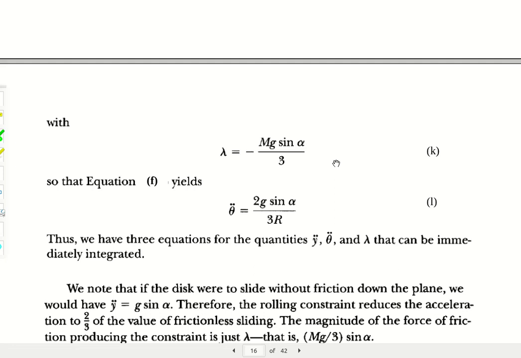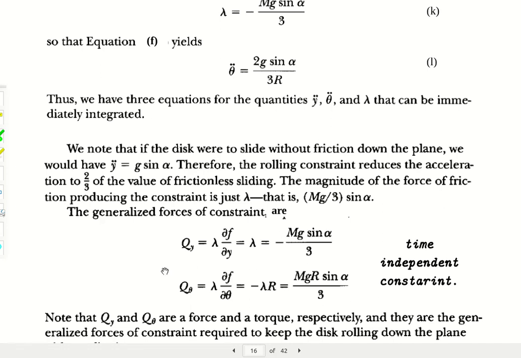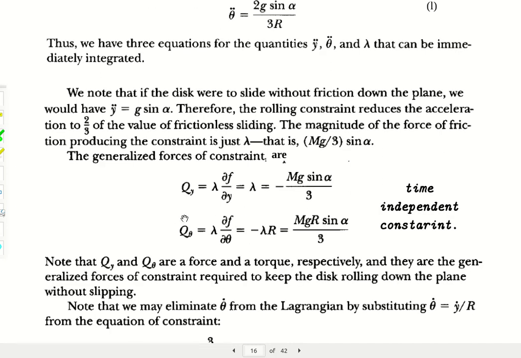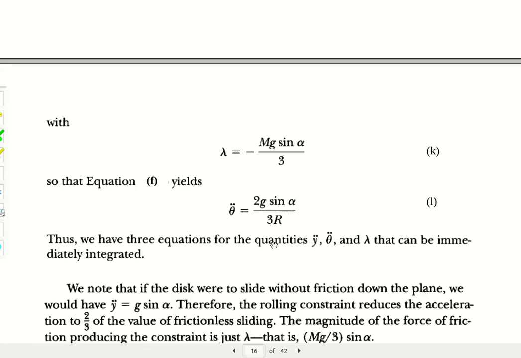So this is the reactionary force. See, Q_y is equal to lambda into this, and this term is 1, so minus mg sin alpha by 3, but Q_theta is equal to lambda del f del theta, which has been deduced to be r. Why r?